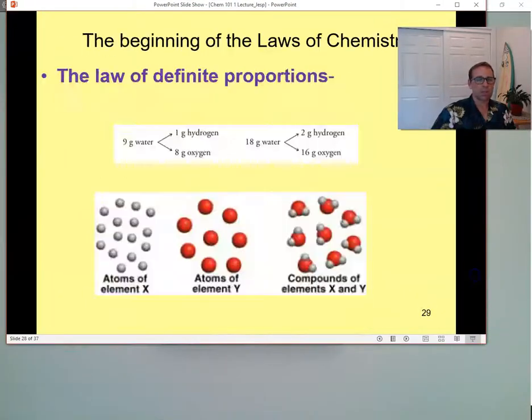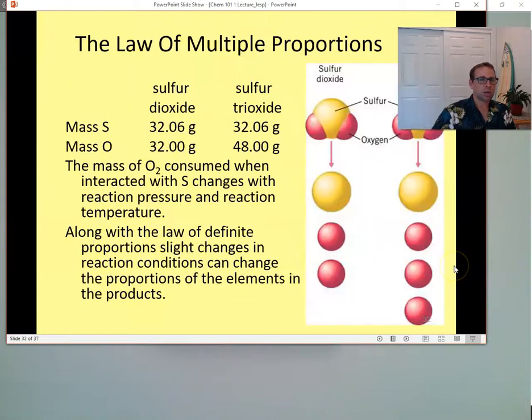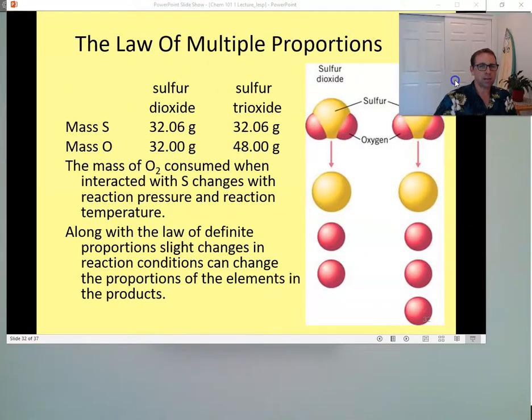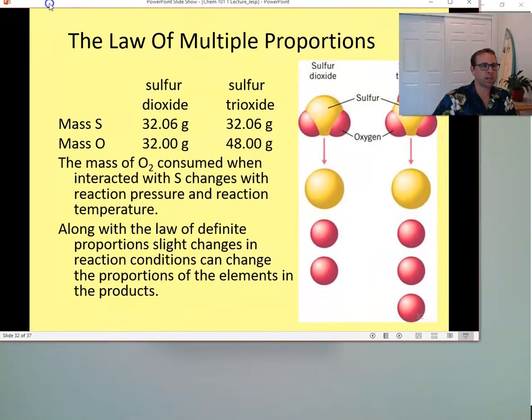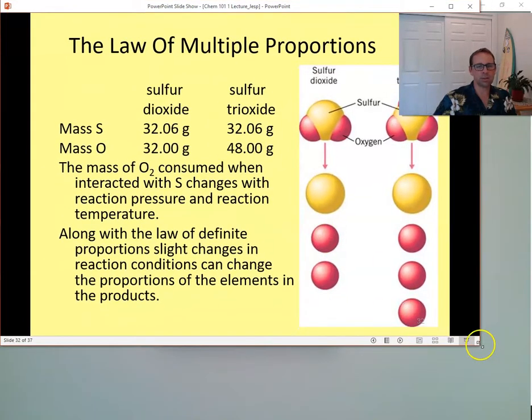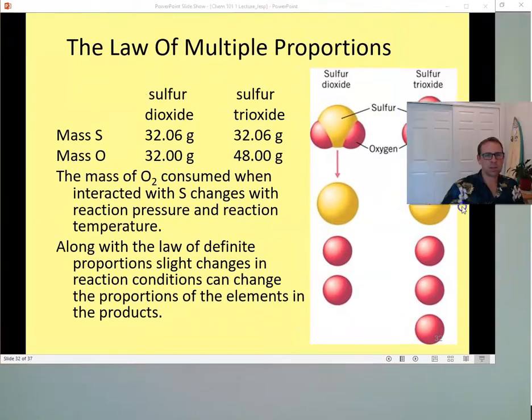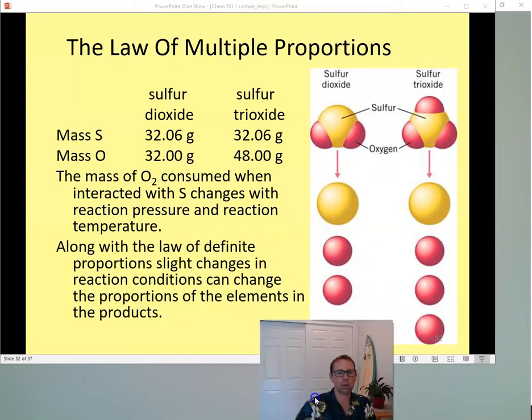Another law that we're going to introduce here is the law of multiple proportions. It's kind of a shame that they have a law of definite proportions and a law of multiple proportions, but neither of these laws is very restrictive or that important.